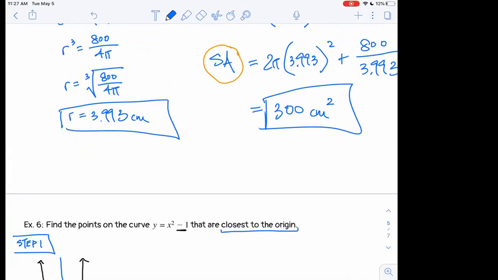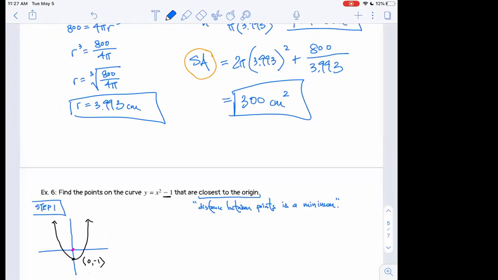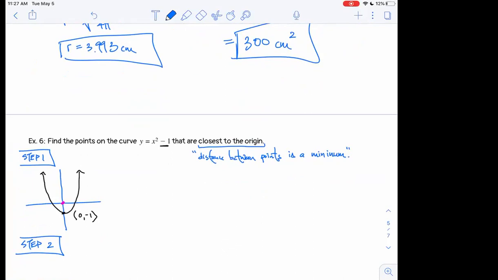Another way we could say that is that the distance between the points is a minimum. So closest to the origin means that, of everything on that parabola, we want to find which point has the closest distance to the origin.